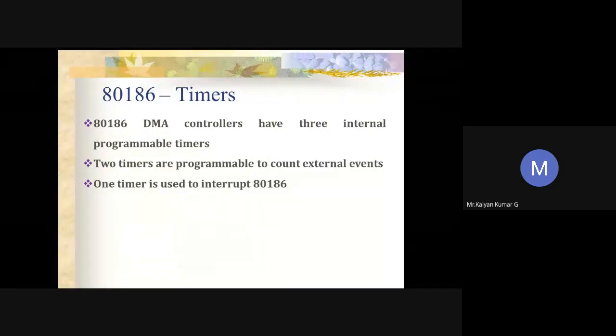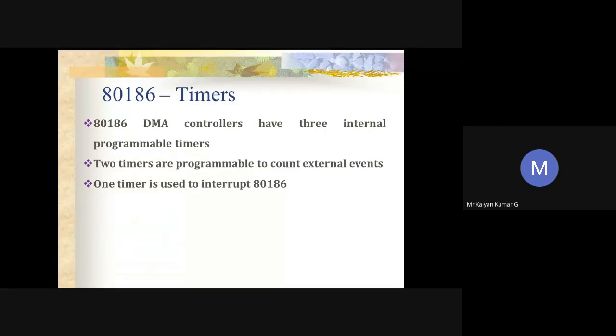Okay, fine. So the next additional feature available in the 80186 is the timer. This microprocessor has 3 internal 16-bit programmable timers. Out of these 3 timers, two are highly flexible, in the sense that you can program them to count external events, and they can be connected to external pins.